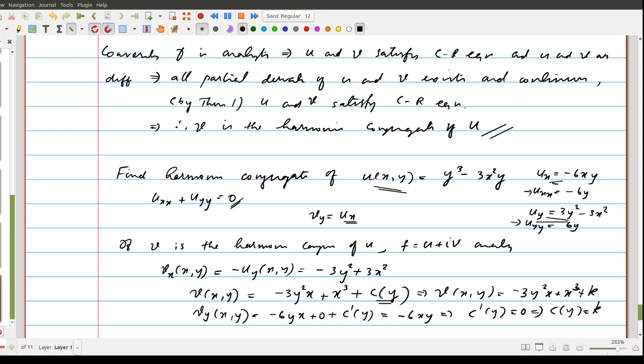So minus 3y square x plus x cube plus c of y, and since c of y is a constant, that will become v of x, y is equal to minus 3y square x plus x cube plus an arbitrary constant k. Which shows that this v is the harmonic conjugate of u.